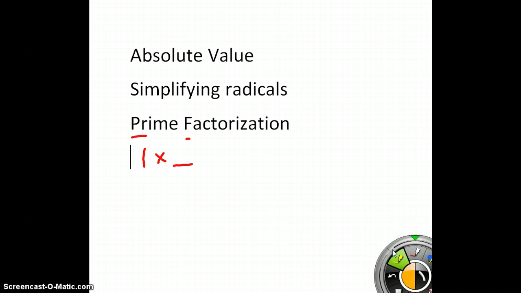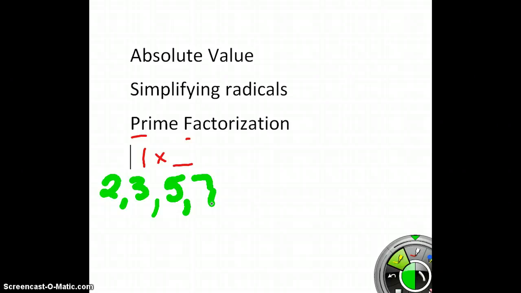So let me give you a couple examples of a prime number. 2 is the first prime number. 3 is prime. 5 is prime. 7 is prime. 9 is not, because the factors of 9 are 3.